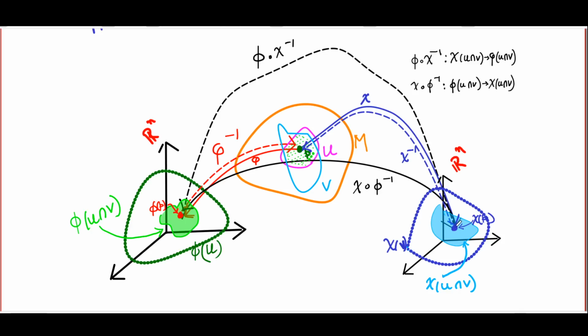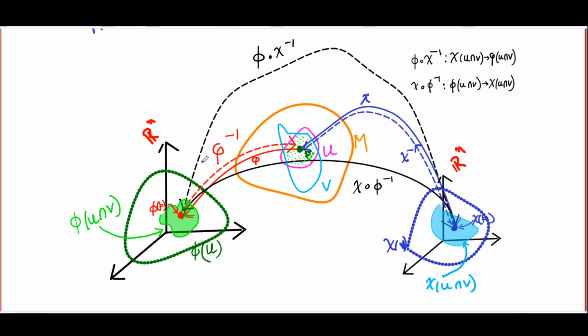When chi inverse acts on this, as shown by this dotted line, it takes the point chi of P back to P. Then phi acts on this to produce the point phi of P. So if you applied phi composite chi inverse on chi of P, your result would be phi of P. So this gives rise to a map which takes chi of P effectively all the way to this point. This map is what I have denoted here by this dashed black line.